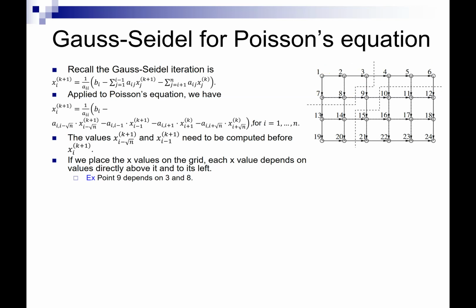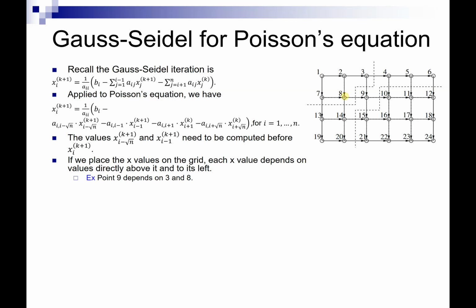Now if you do this, we're going to place these x values on the grid, and then we have these dependencies between the variables.